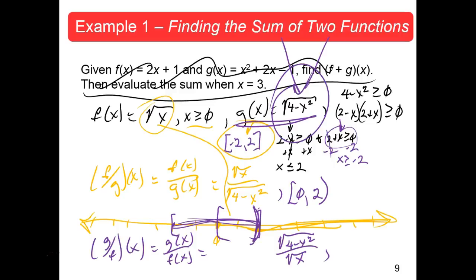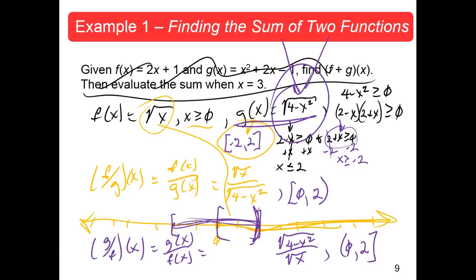Before we allowed 0 in there, now we can't. But now 2 is perfectly fine. It's a real number. So our domain here is from open parenthesis 0 to 2, but you can bracket the 2, because it's perfectly okay to divide by square root of 2. It's messy, but you can do it. But you can't divide by 0. So that's what happens in your division.